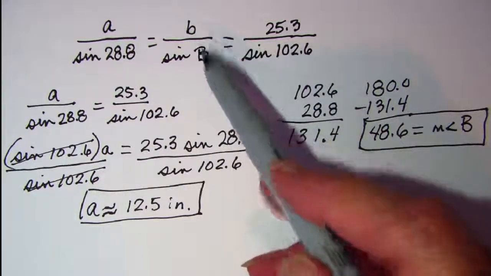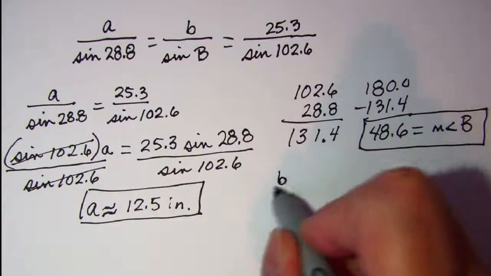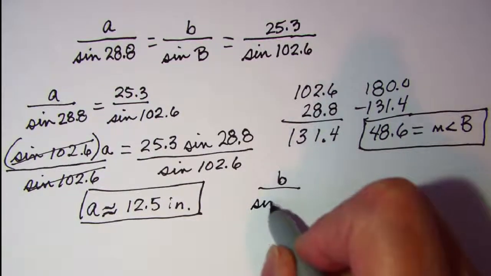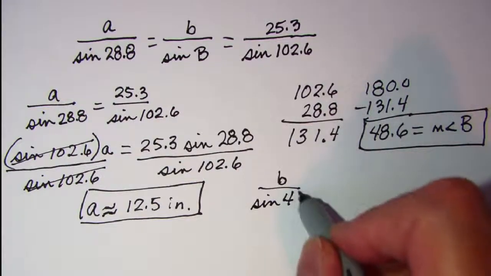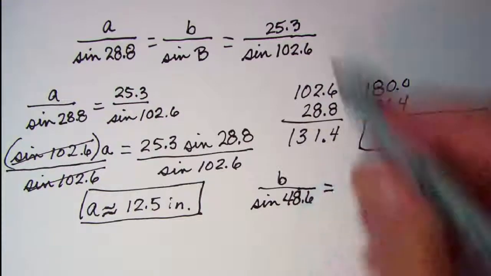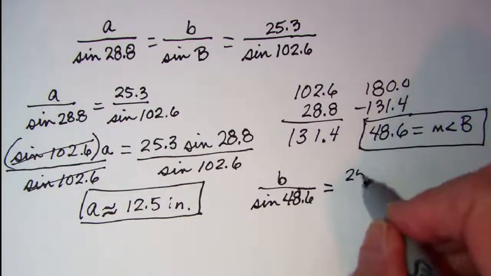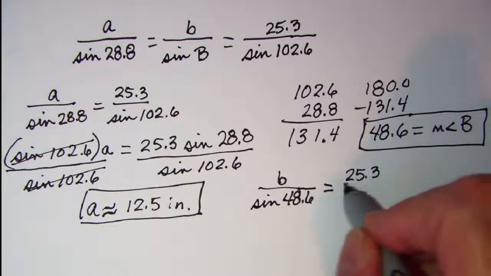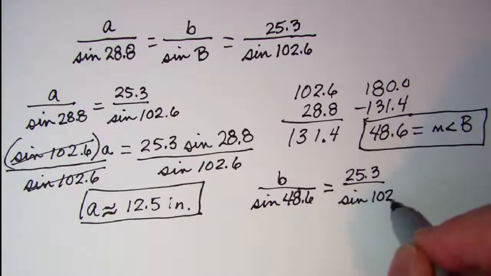I have b is to the sine of angle B, and angle B we said was 48.6, as 25.3 is to the sine of 102.6.